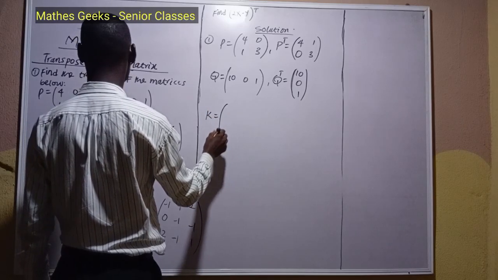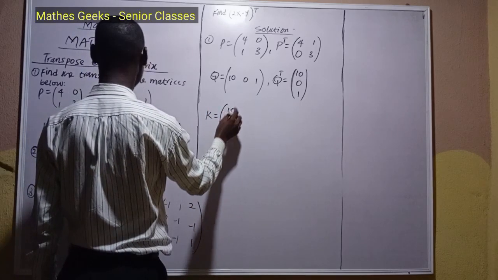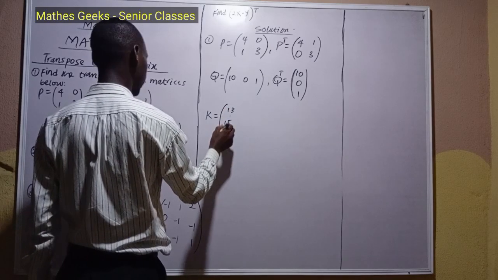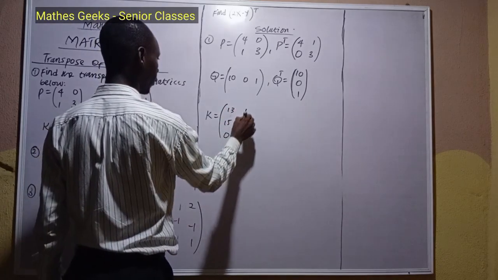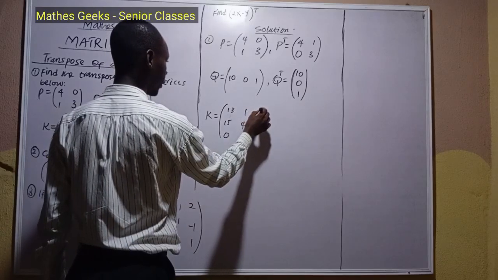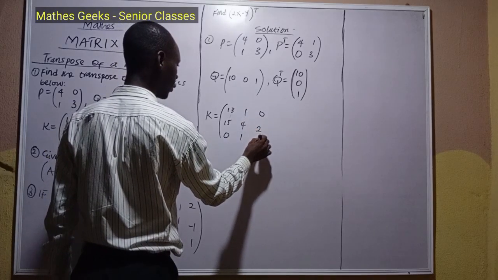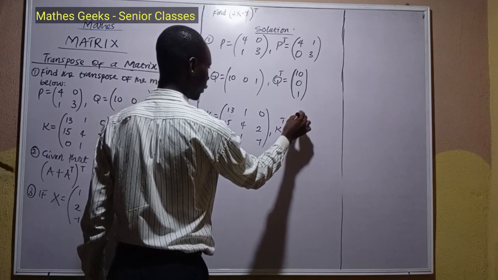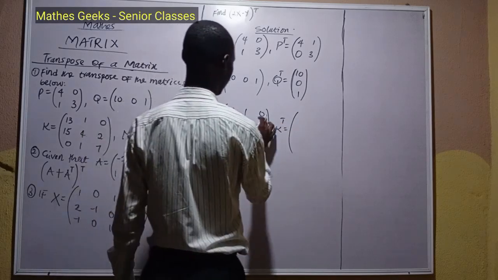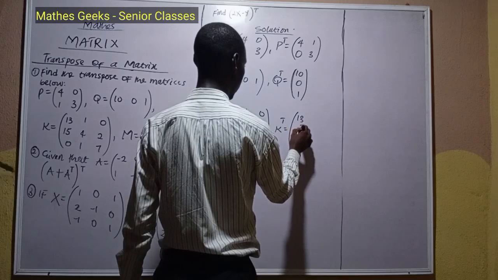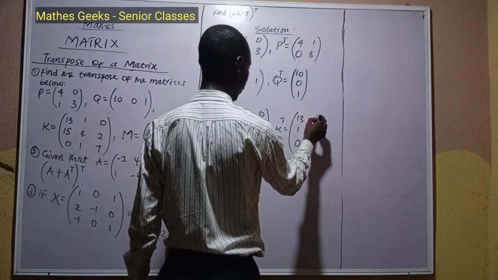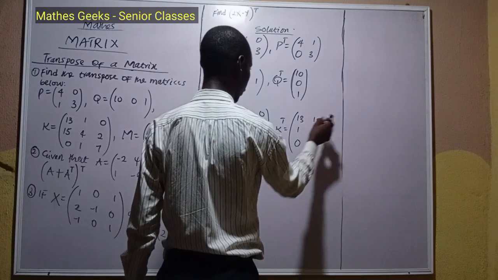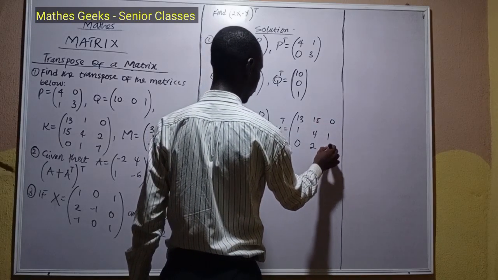Next one is Q. Q is 13, 15, 0, 1, 4, 1, 0, 0, 7. Q transpose is equal to, turn the row to column: 13, 1, 0, is row to column; 15, 4, 2, is row to column; 0, 1, 7.